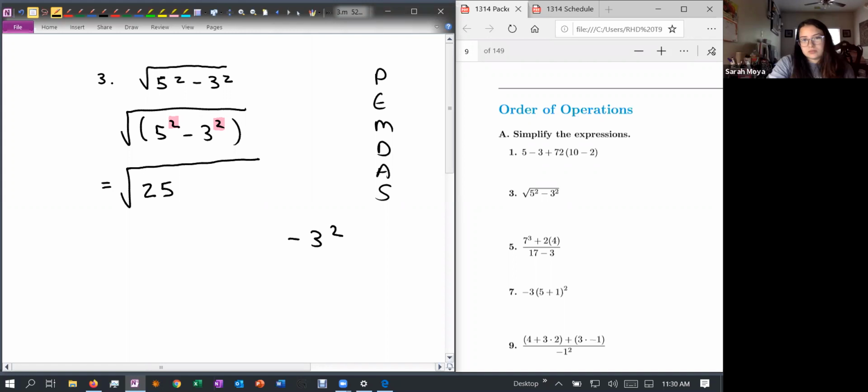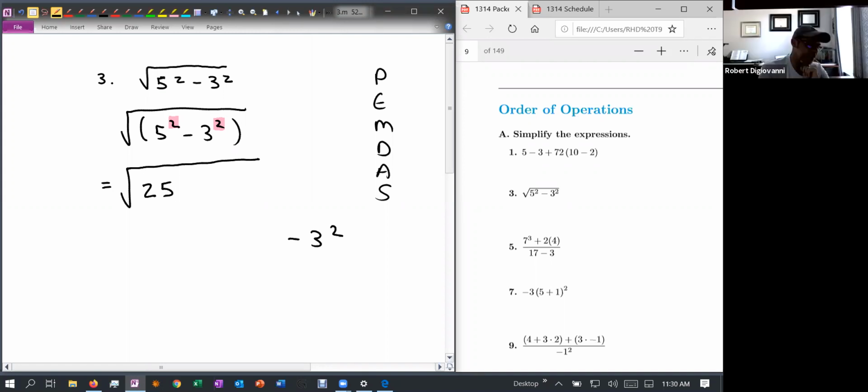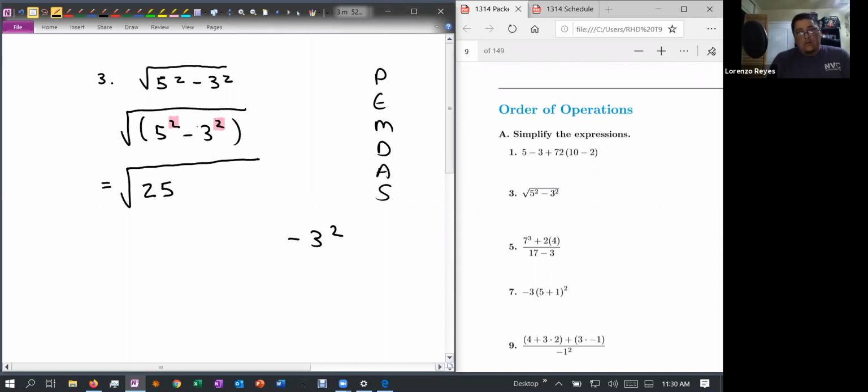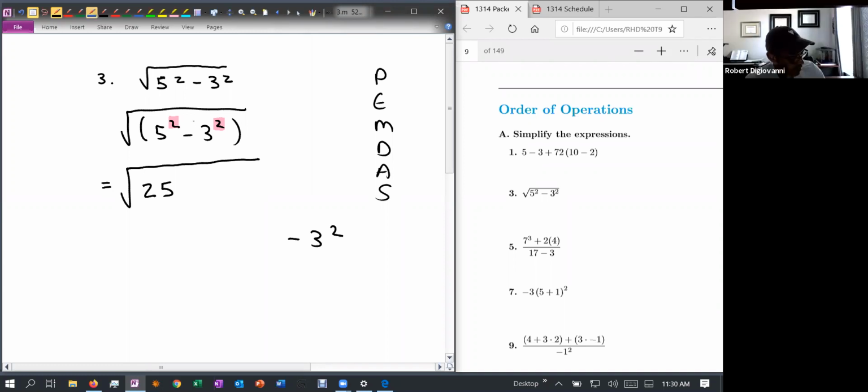No, you're not, because there's no parenthesis around that negative. You have to visualize this as being just the 3 being squared. So it's 3 times 3, which is 9, but you still have to subtract it. So we're going to put here minus 9.